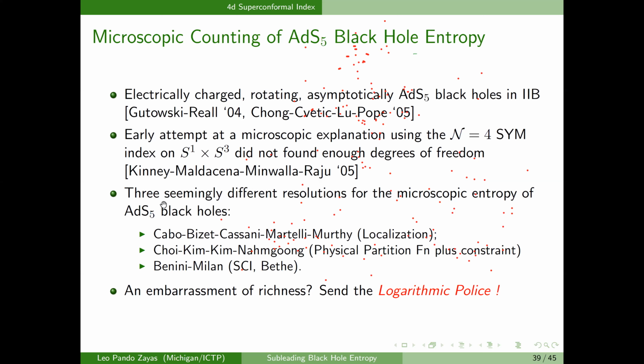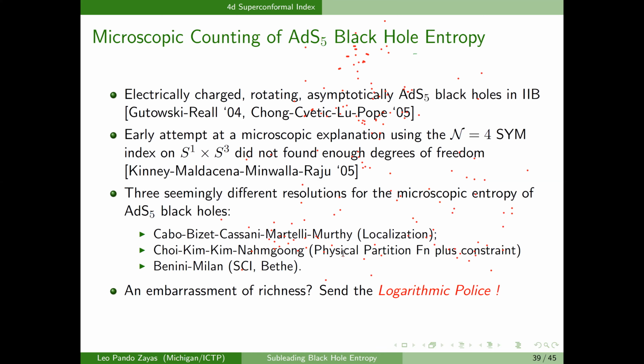But more recently, at the end of 2018, three seemingly different resolutions to the microscopic entropy of AdS5 black holes were proposed. One by Cabo-Bizet, Cassani, Martelli, and Murthy, using some ideas of localization. Choi, Kim, and Nahmgoong used the partition function of N=4 plus a constraint, and again provided the leading order.